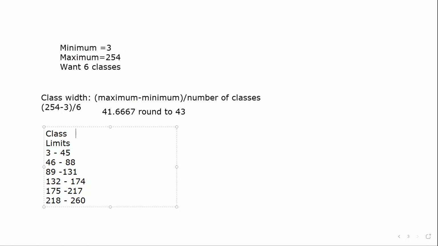I need class boundaries. So let me go ahead and put those in there, because I'm going to need them for my histogram, and my ogive also. So let me do my class boundaries here.